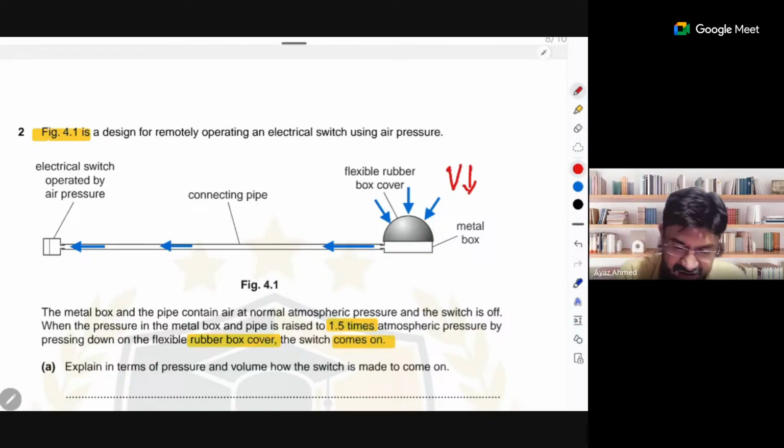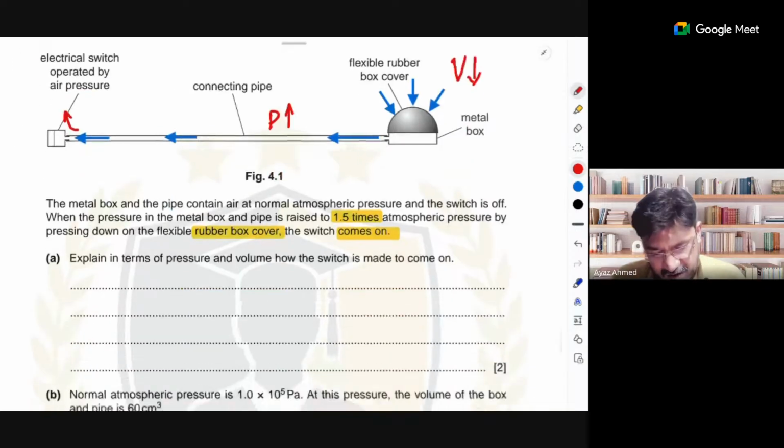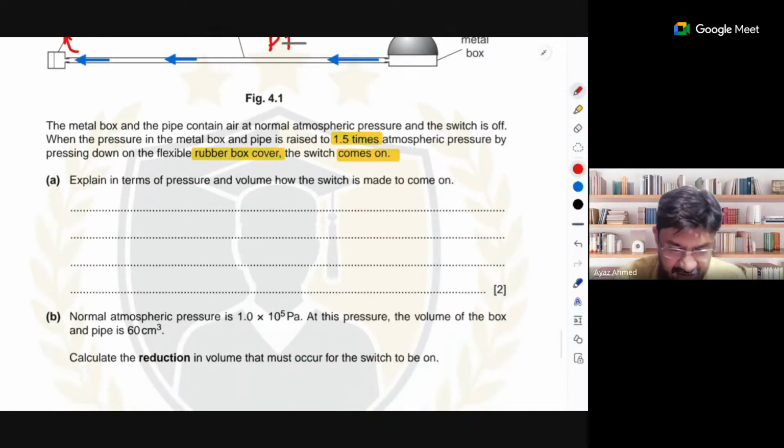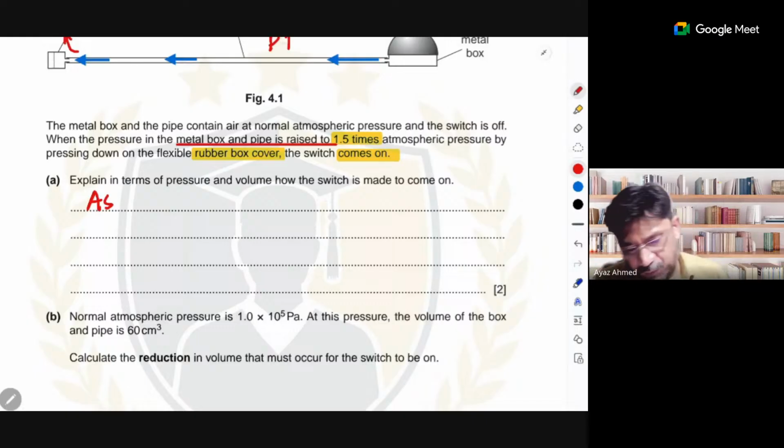When volume is decreased, pressure is increased, and when pressure is increased, it operates the switch. Okay. An electrical switch which is operated by the pressure. So you can simply write that when the pressure in the metal box is raised to 1.5 times atmospheric pressure.